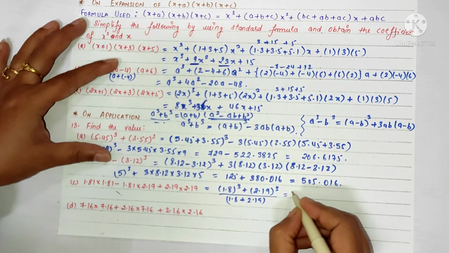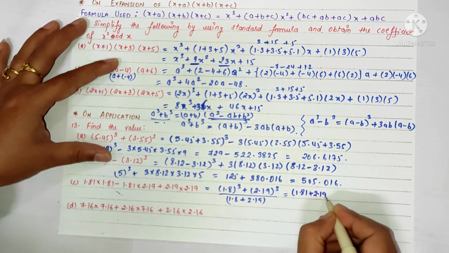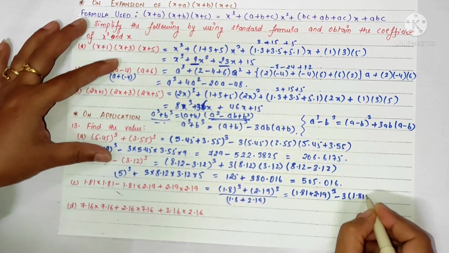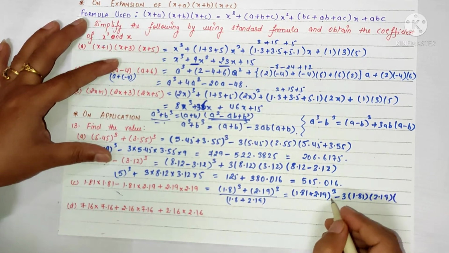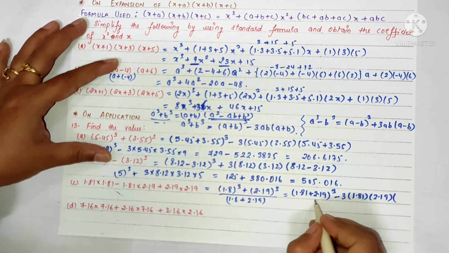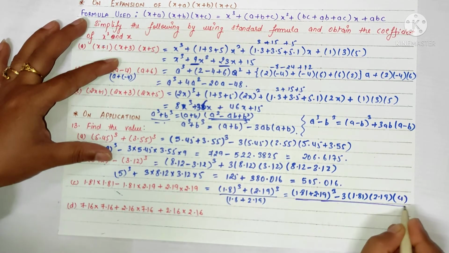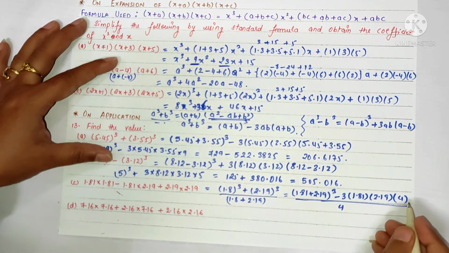So we can write this as 1.81 plus 2.19 whole cube minus 3 into 1.81 into 2.19, and on addition of these two I am writing in short, we'll get this as 4 whole upon 4. So this is basic addition and multiplication, you can do it.